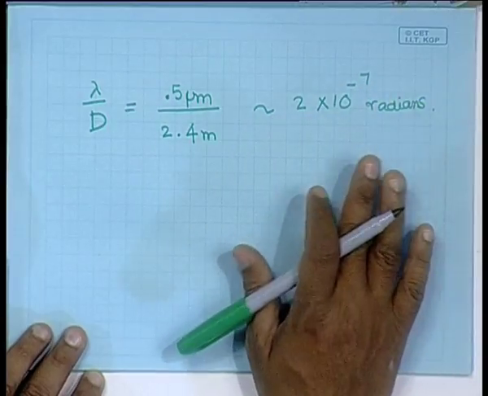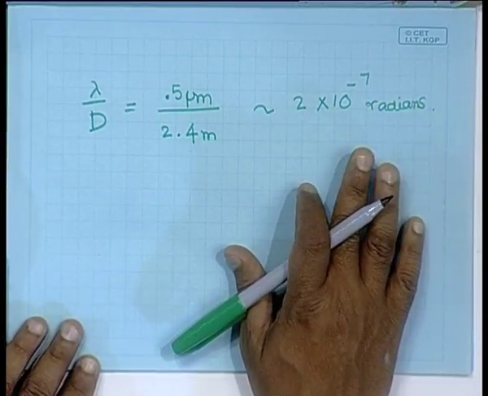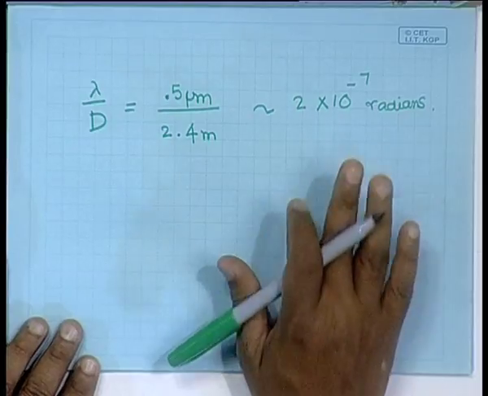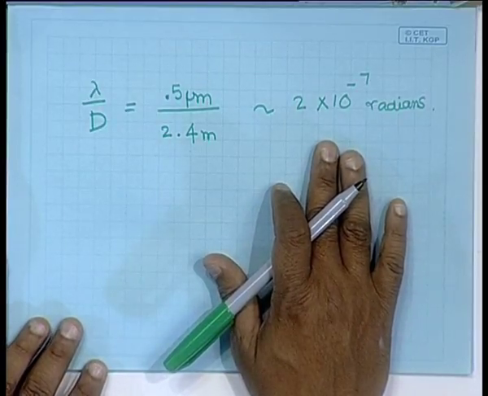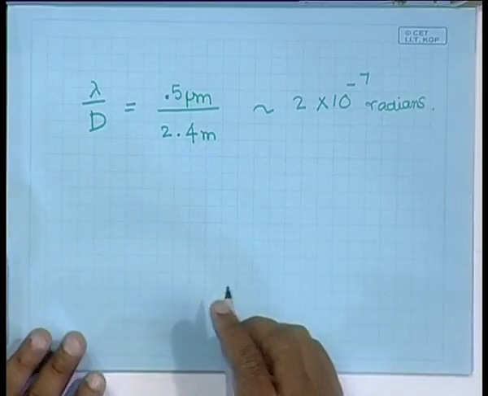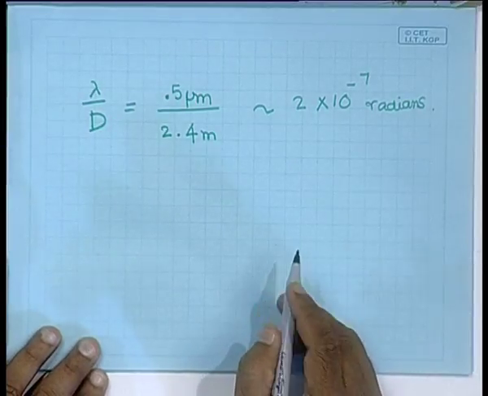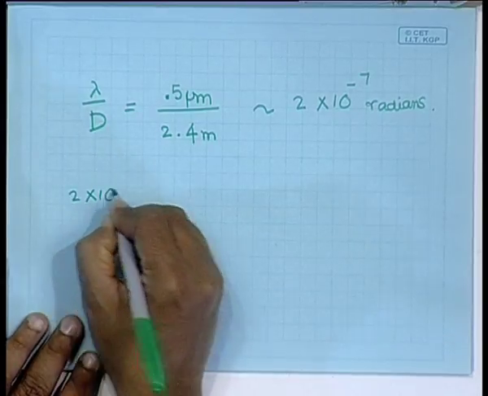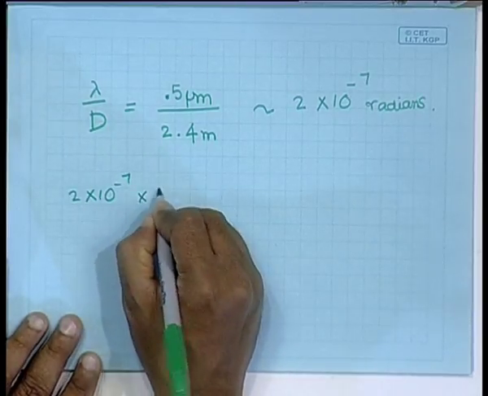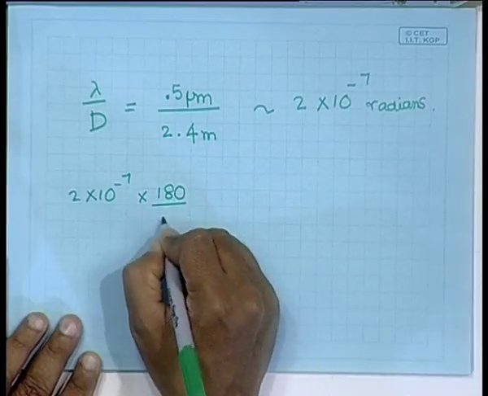So, let us just estimate the value of this angular separation which we have calculated. This is the angular resolution of the Hubble Space Telescope. Let us estimate this in degrees, minutes or arc seconds, whichever is appropriate. To convert this into degrees, we multiply 2 into 10 to the power minus 7 by 180 divided by pi.